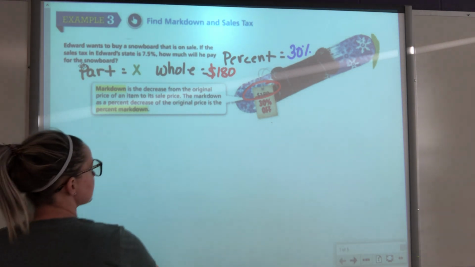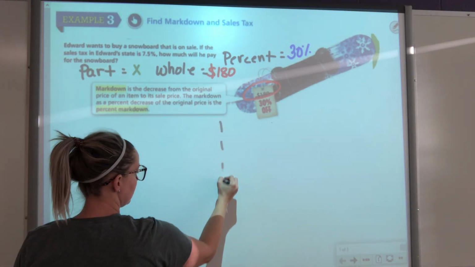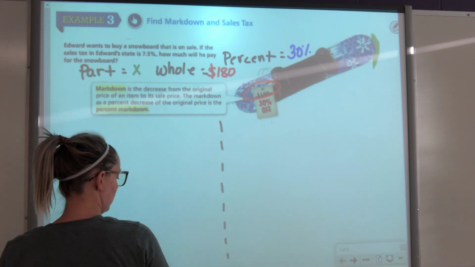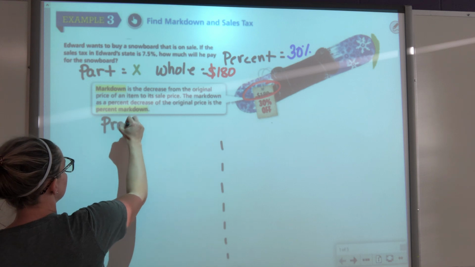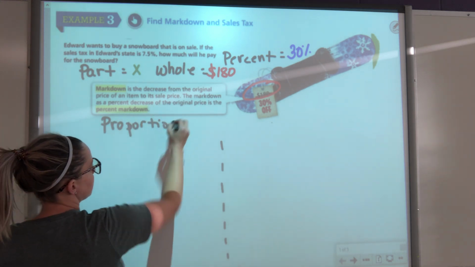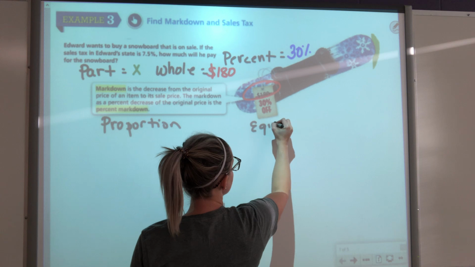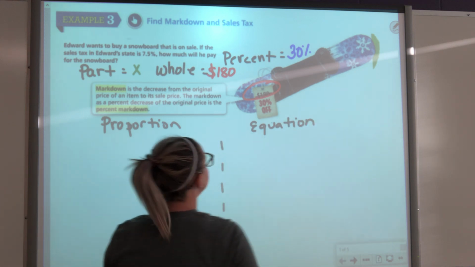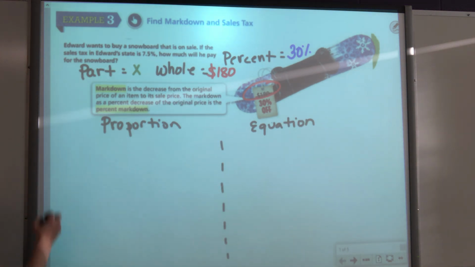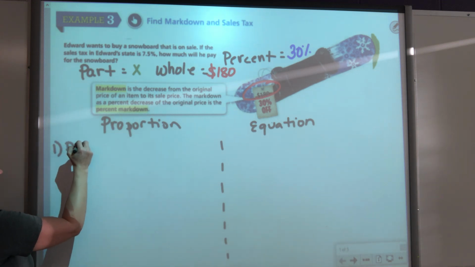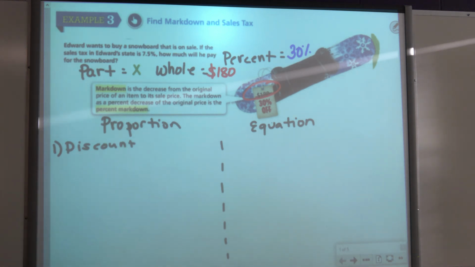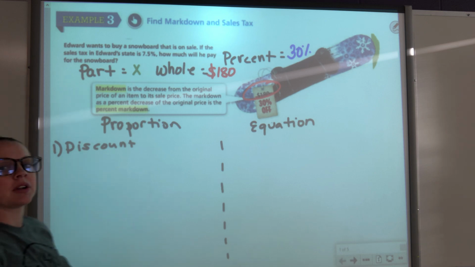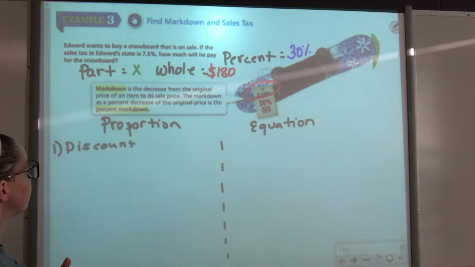Okay. So we're going to set this problem up in two ways. We're going to use the proportion, for those of you who like the proportion, and then we're going to use the equation as well. The first thing we have to do is find the discount. If you find the discount, we're finding the amount that we're going to subtract from the original price.